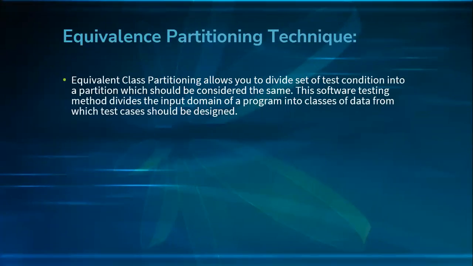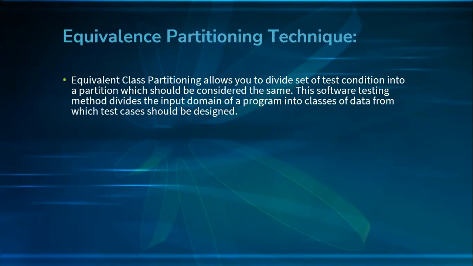So what is it? Equivalent partitioning testing allows you to divide a set of test conditions into a partition, which should be considered the same. This software testing method divides the input domain of a program into classes of data from which the test cases should be designed.